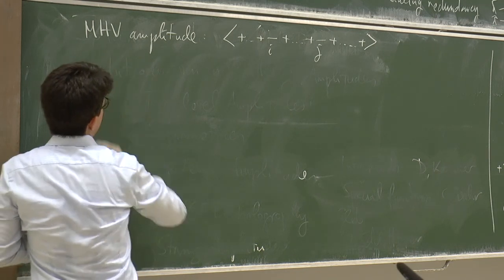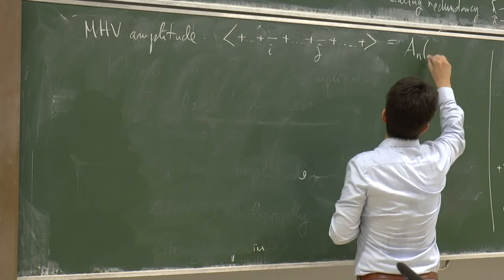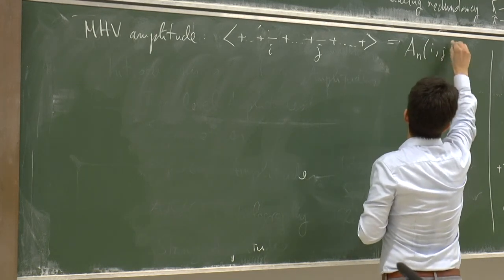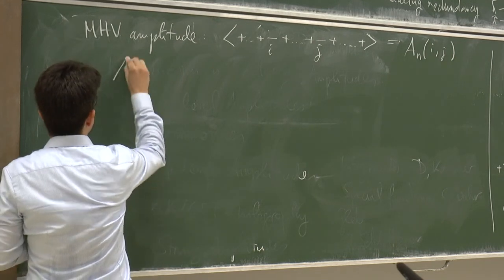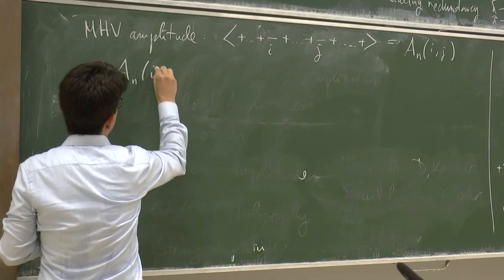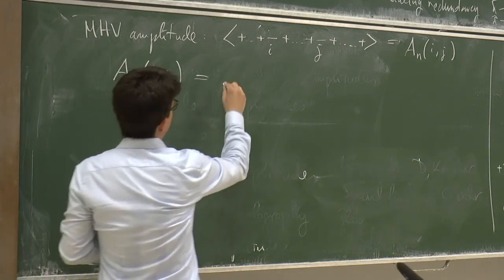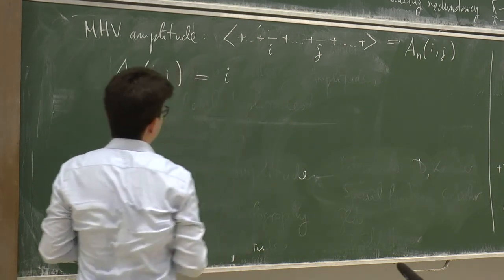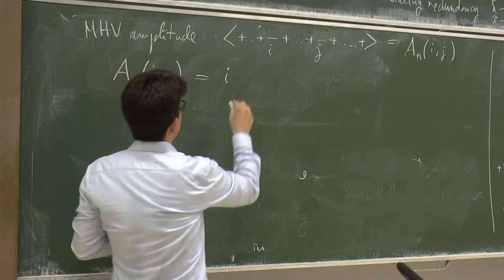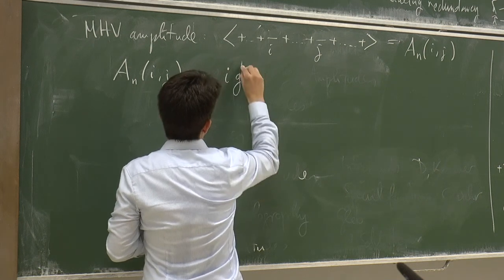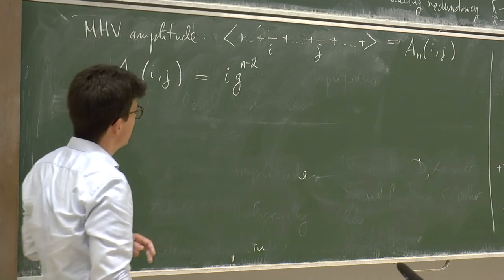Let's denote this by A_n and denote the positions of the negative helicity gluons. So this amplitude turns out to be given by the following formula. There's an i, just for the imaginary part. If you keep track of the coupling, there's a factor of g to the n minus 2.